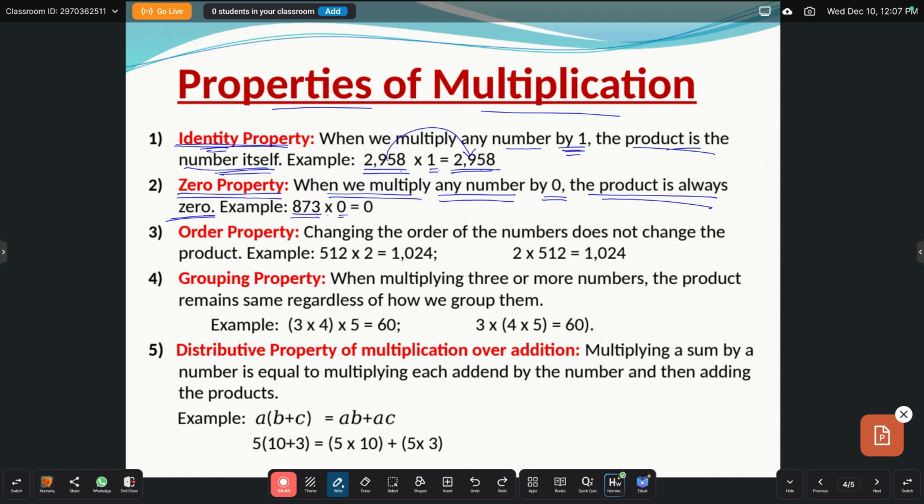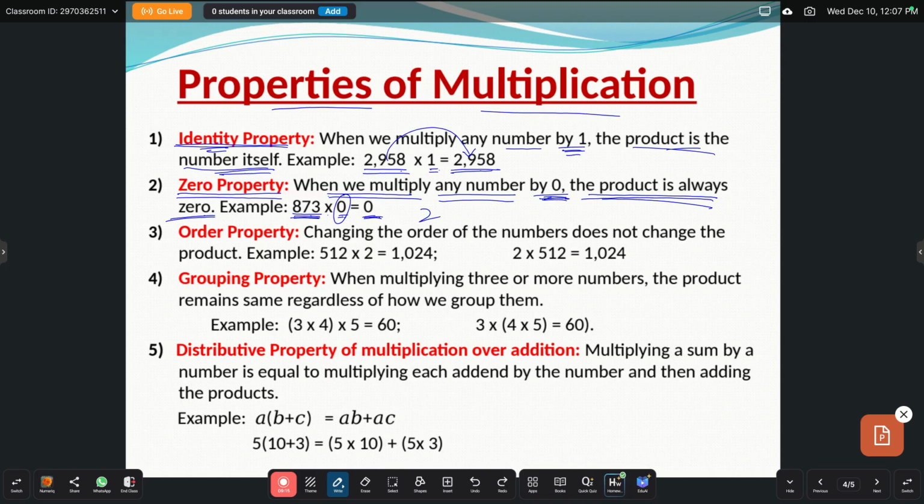It means that I have written this number 0 times. So the answer will be 0. Whenever we multiply any number by 0, the product is always 0.